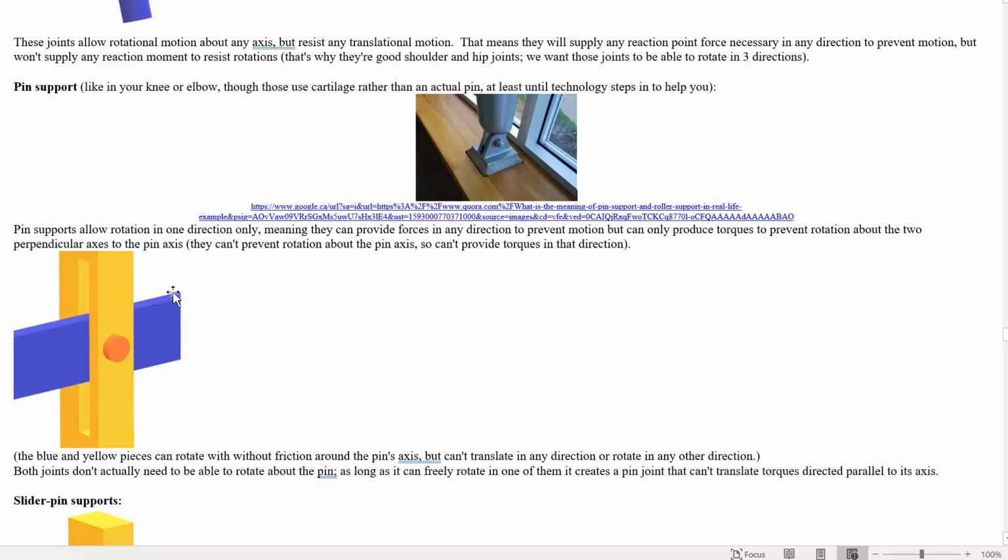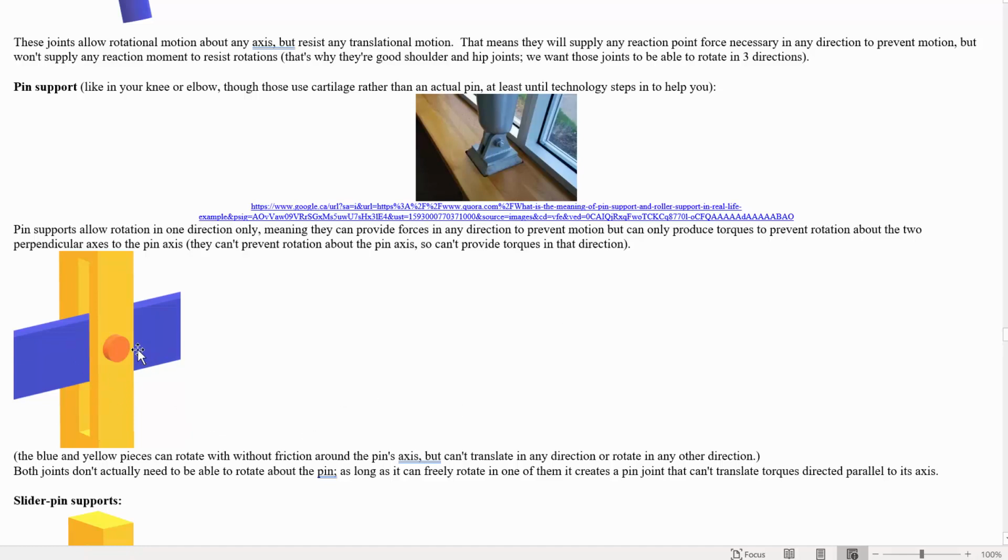This allows only rotation and only in one direction, which means that it can apply all 3 force directions and can apply 2 moment directions, 2 perpendicular moment directions, which by superposition could be any moment direction in the combination of those. So like moments in any plane, but it can't resist rotation of this thing, so it can't resist moments that are in the direction of the pin.